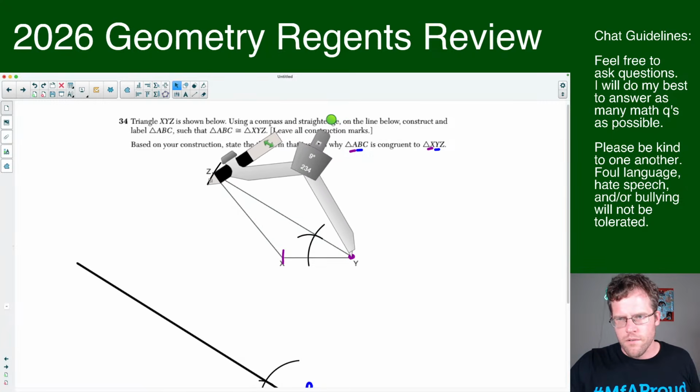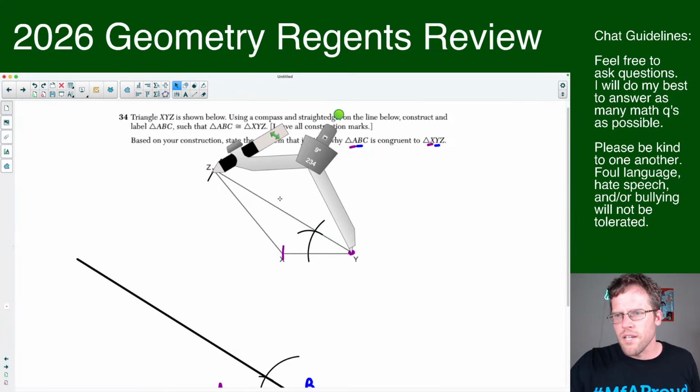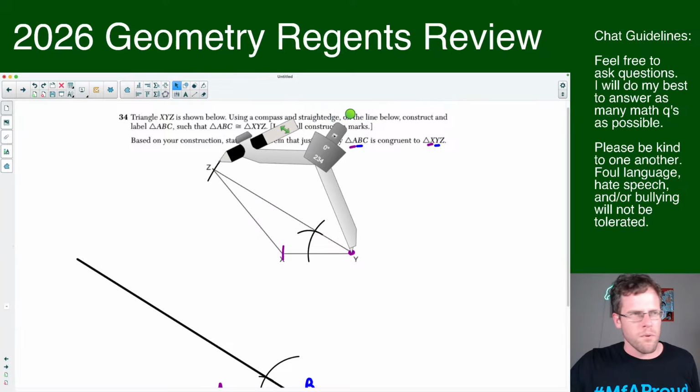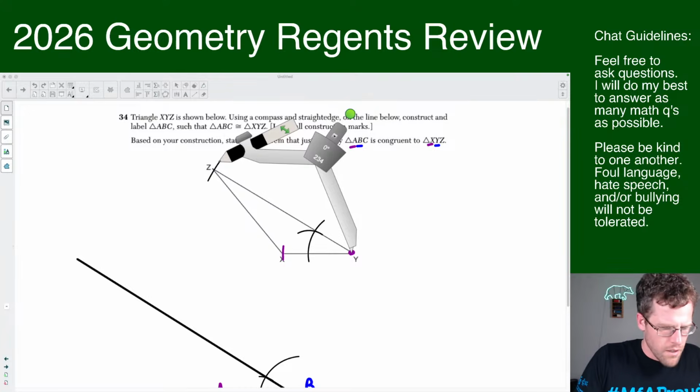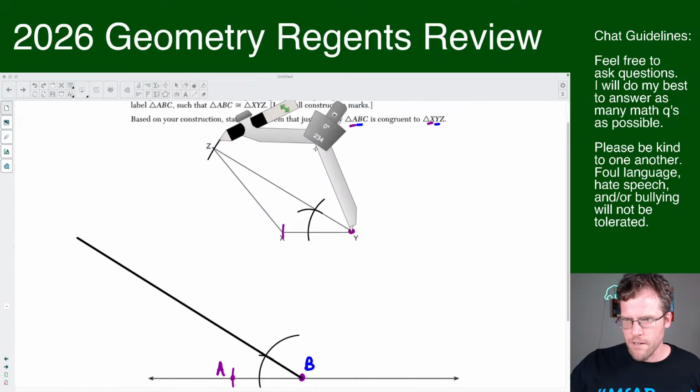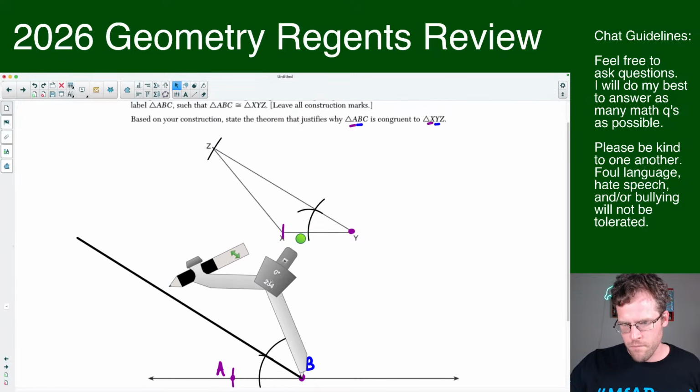Although they did say state the theorem, so I'm going to say side, angle, side theorem. I'm pretty sure that's a postulate. Let me see. SAS postulate. Oh wow, yeah, they should have said postulate, not theorem. So New York, minus 5 for you for using the wrong terminology. Yeah, it should have been postulate, but they said which theorem.